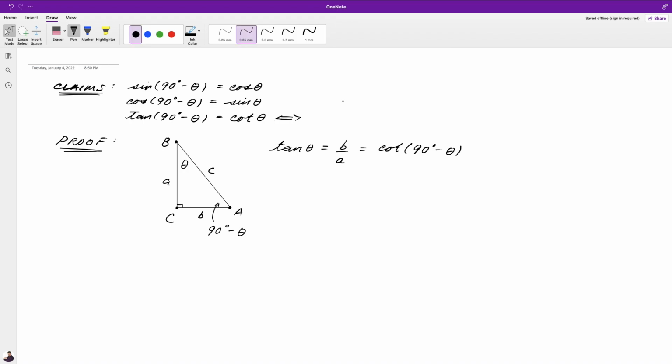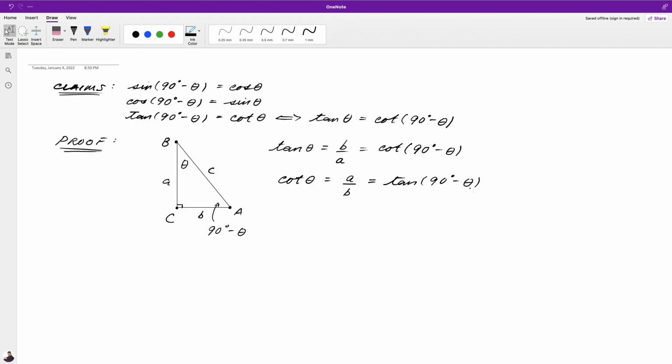If you have tangent of theta, that's also going to be equal to the cotangent of 90 degrees minus theta. Likewise, the cotangent of theta is A over B, adjacent over opposite, which you can clearly see is equal to the tangent of 90 degrees minus theta.